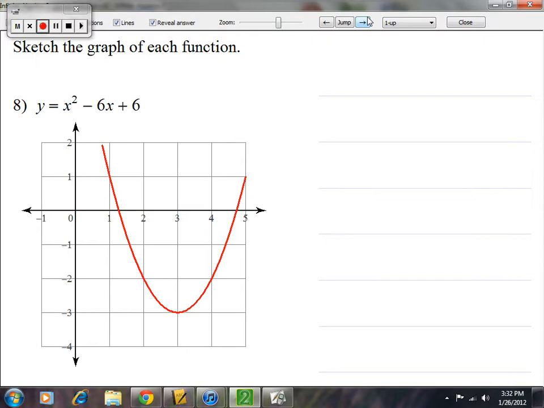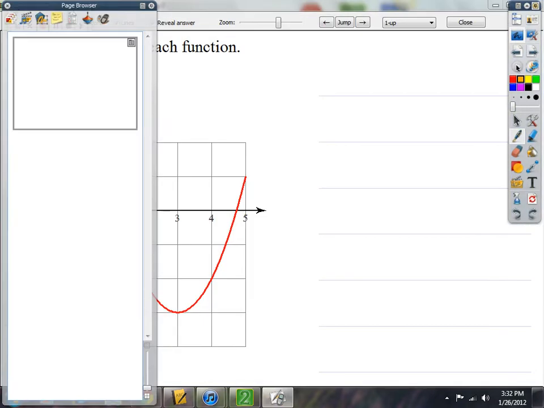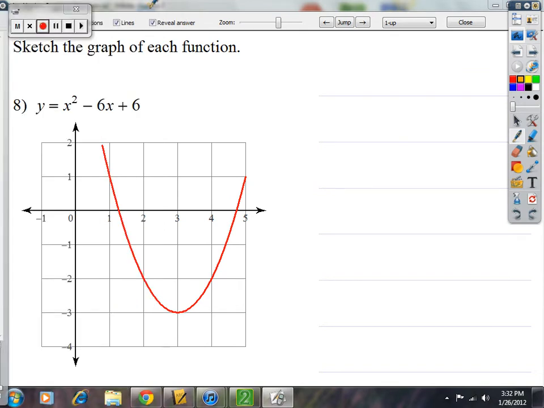Here's what I'm talking about. Look at your answers on this one. Your answers are right here, somewhere between 4 and 5, and somewhere between 1 and 2. So they did not land right on a nice whole number, an integer.